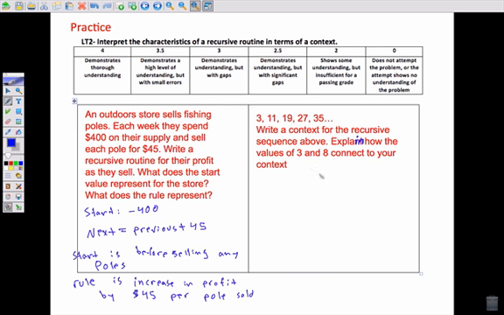Then over here on the right, write a context for this. Again, there can be many different contexts. If we just go with the one from before, Tony is paid to babysit. He is paid a $3 flat fee.